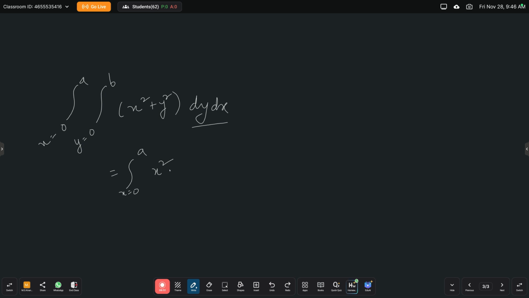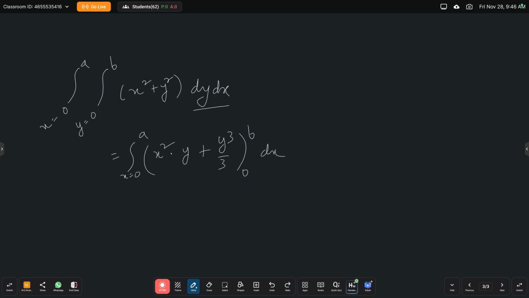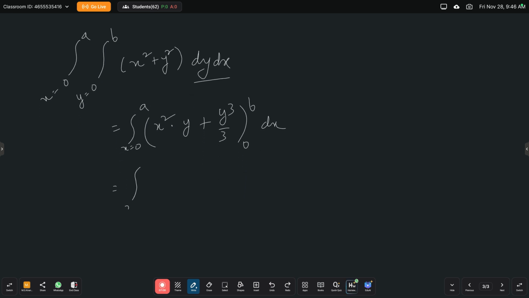Then x squared into the integral of dy is y, plus the integral of y squared is y cubed by 3, with limits 0 to b, into dx. Now we substitute the limits of y.